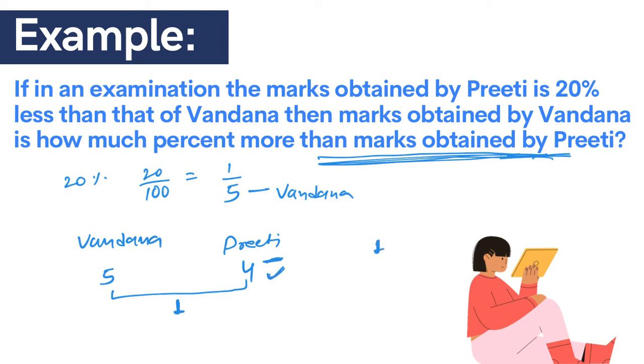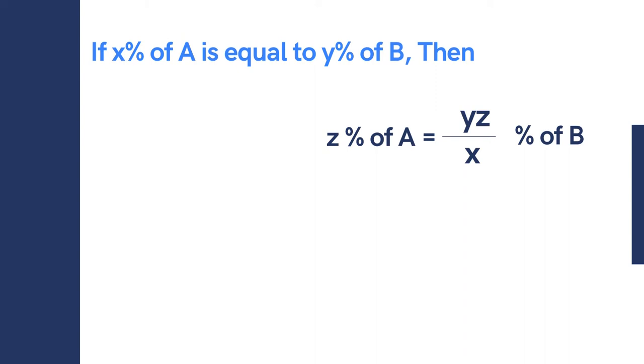So 1 by 4 into 100, which is 25. So our answer is 25%. Now see this concept.